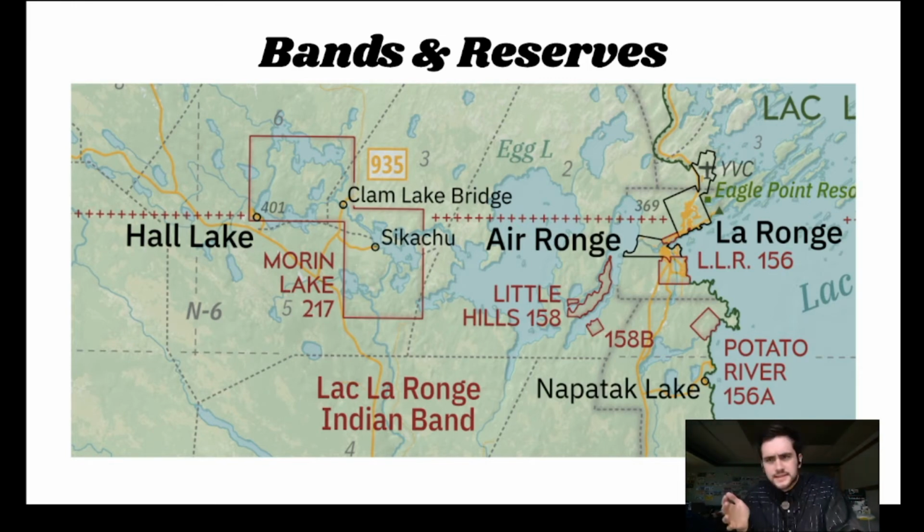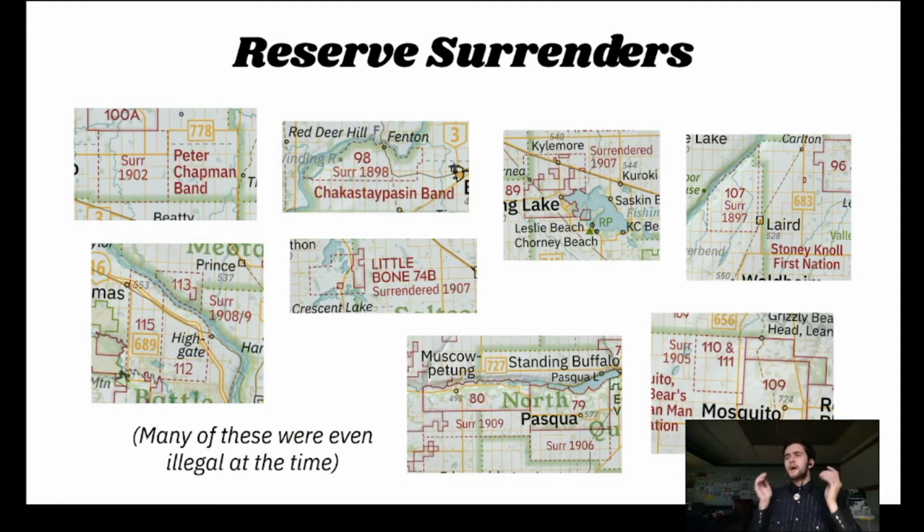So then something else I put special attention into including in my work are surrendered reserves, because shady political and business interests have always sought to have Indigenous land rights curtailed for their own benefit. And I have put a lot of effort into tracking these down, because many of them are quite obscure.